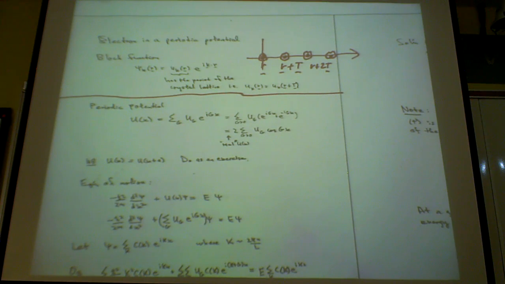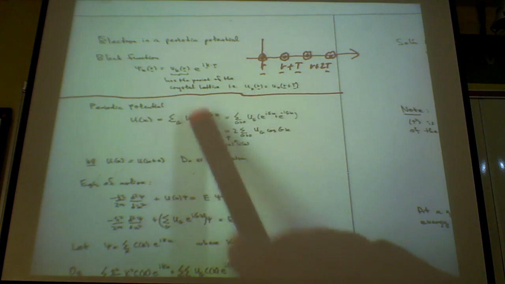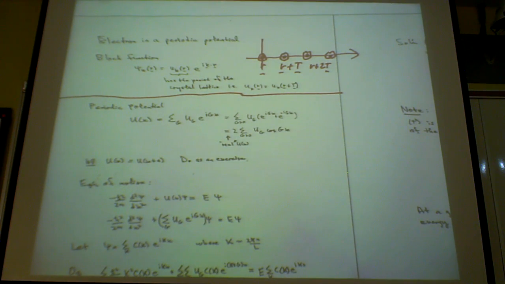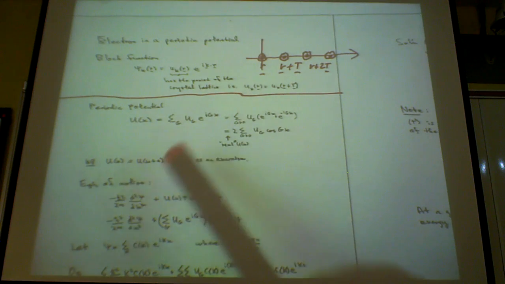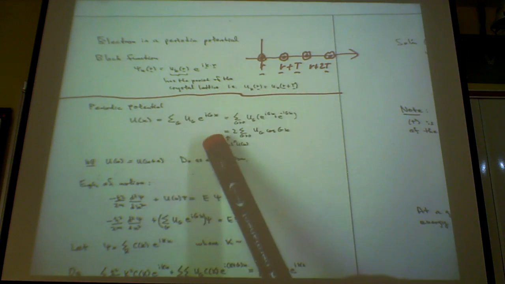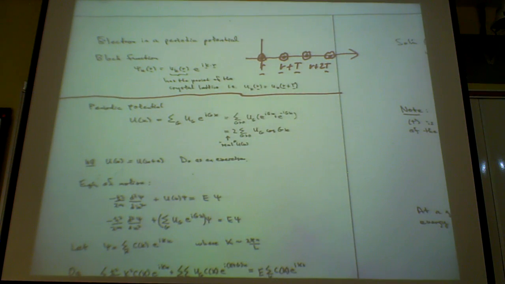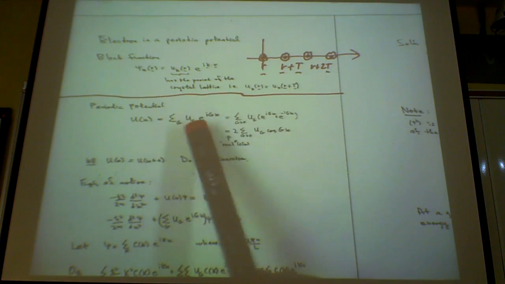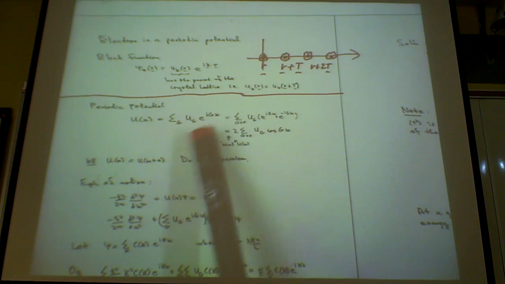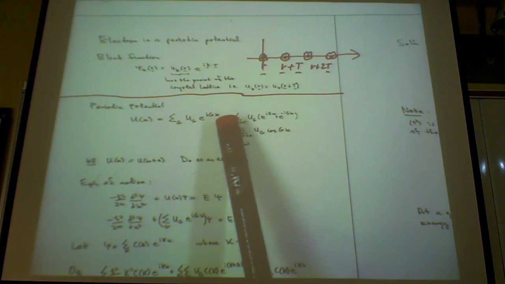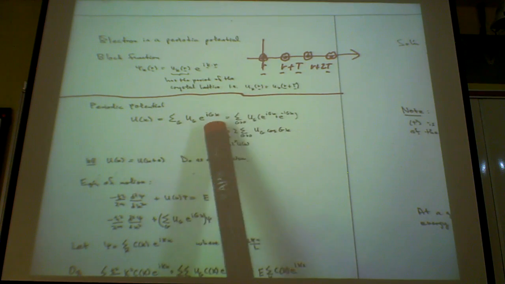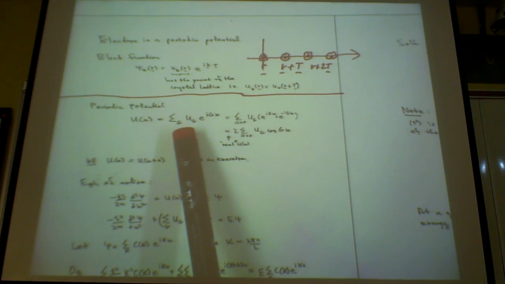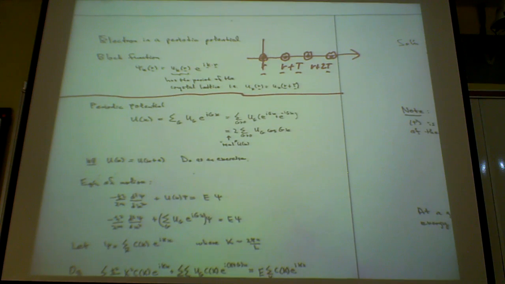And we have U here. U is some linear combination with some constant coefficients. So we're summing over G. You can think of this as a power series expansion, expanding this in terms of some coefficient times e to the i G dot x. And G here is summed from minus infinity to positive infinity.